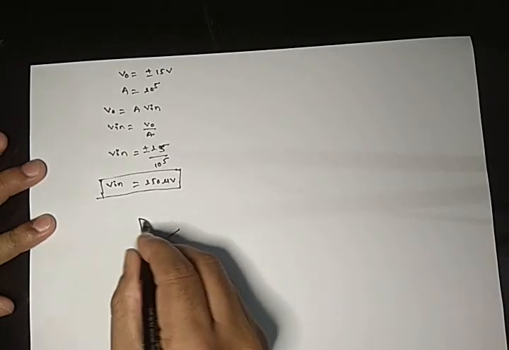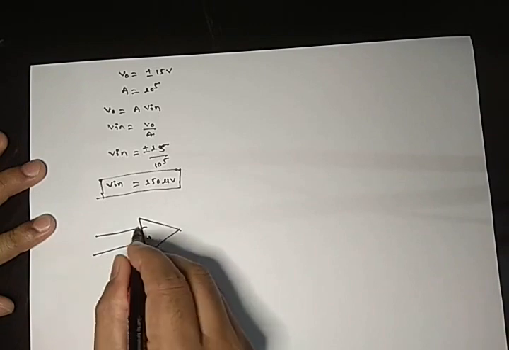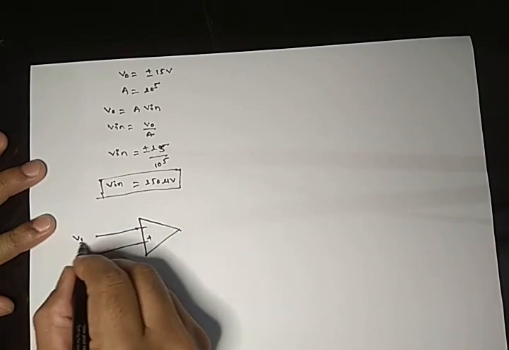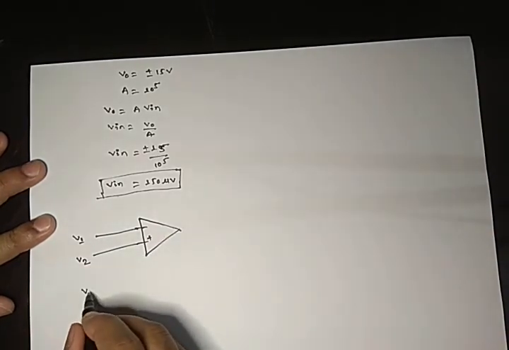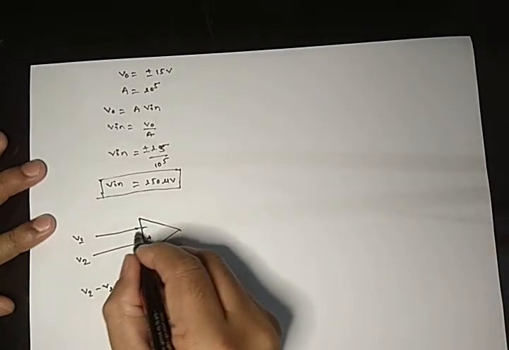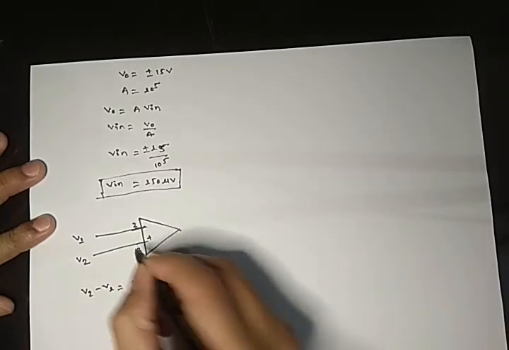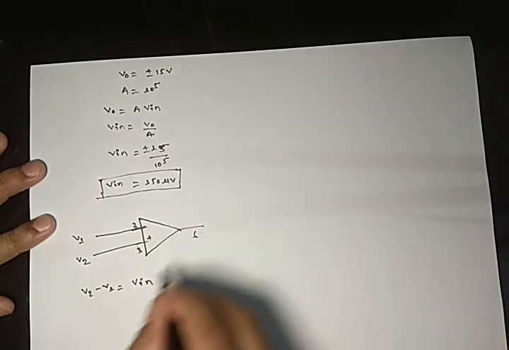It is nothing but the difference in voltage between terminal V1 and V2, or V2 minus V1 is equal to V in. This is the voltage that is being applied across terminal 2 and terminal 3.